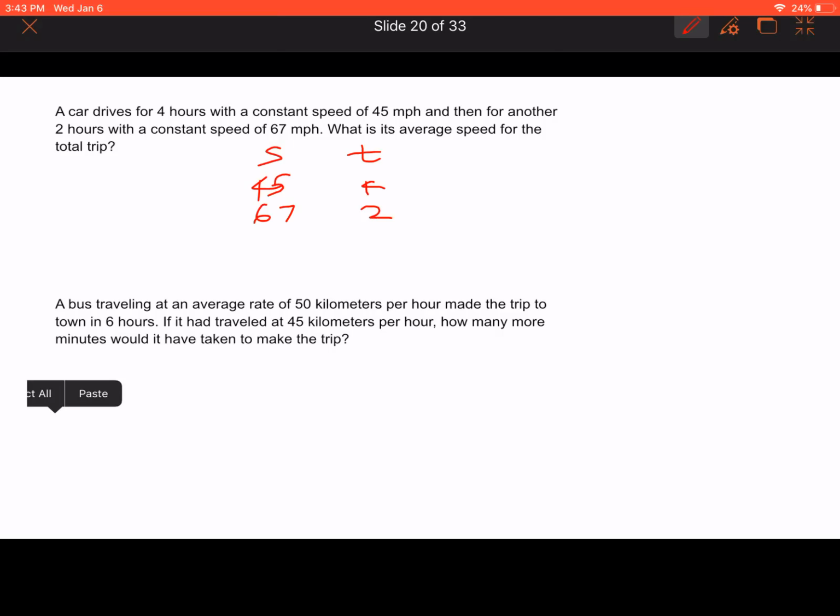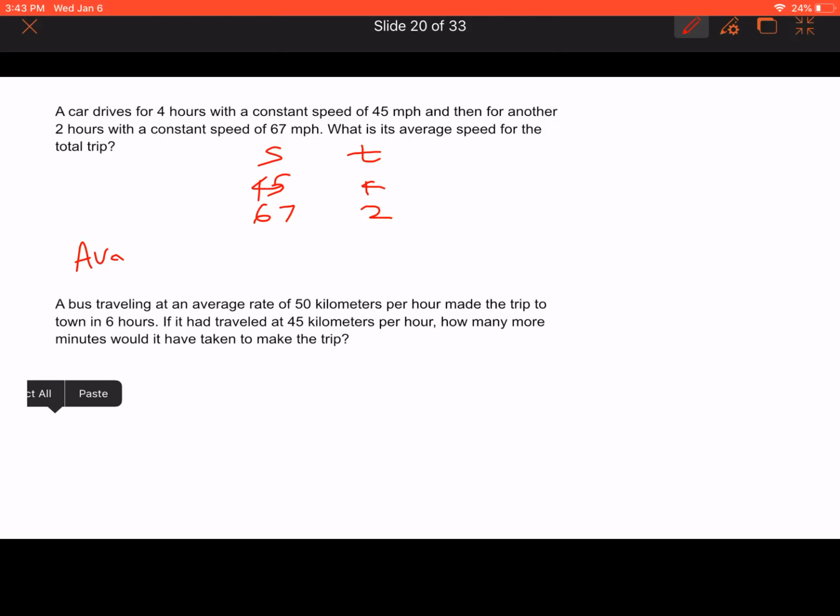Generally, when we say average of anything, we just add the 2 units and then divide by the number of units, right? So we cannot just add here both the speeds and find an average speed. It is not going to be right. How to find here?